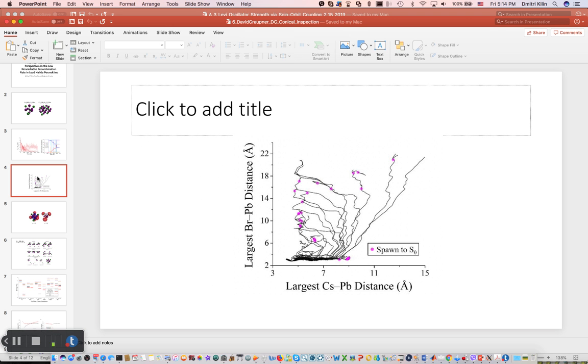My question is, when they spawn it, where do they put it? Do they put it on the ground state? Because it says spawn to S0. In my brain, that means when they make two, one goes to S0 and the other goes somewhere else. Is that what's happening, or not?